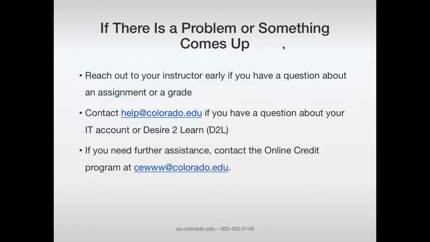If you need technical support or have a question about your Desire to Learn account, please contact the Office of Information Technology, the OIT office at help@colorado.edu. If you need further assistance, feel free to contact me in the online credit office at cewww@colorado.edu. I will either answer your questions or point you in the right direction.